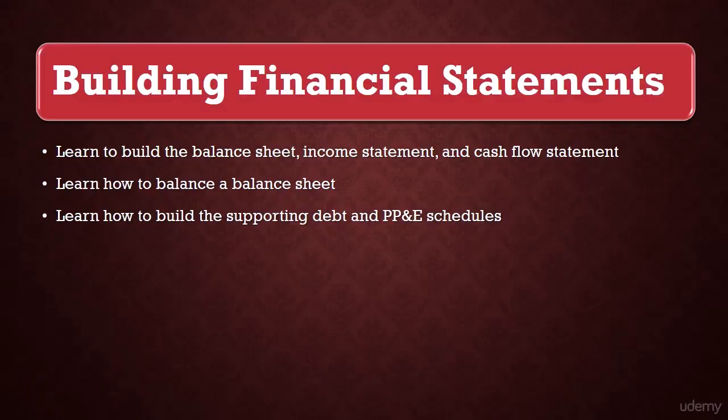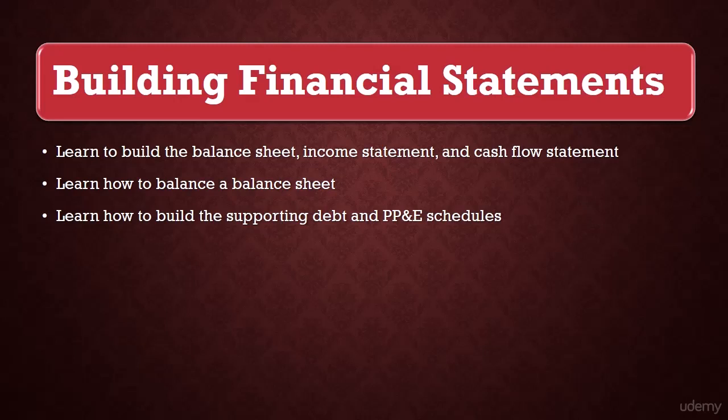Now we're at the building financial statements section. So what we're going to learn how to do is build financial statements. We're going to first learn how to build our income statement, our balance sheet, and our cash flow statement. And you see how these statements flow into each other and how they overlap in some areas. And we're going to combine these statements so when you update one, it'll automatically update the others as well.